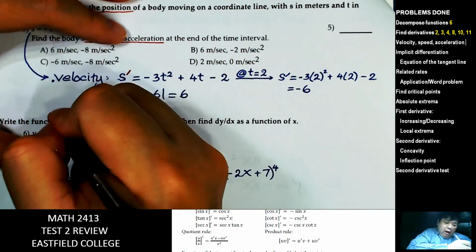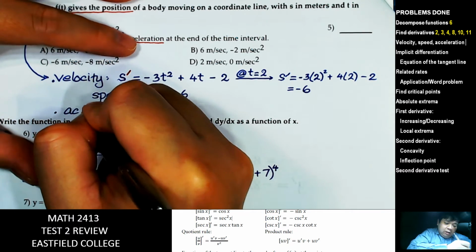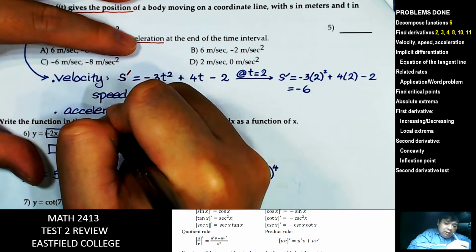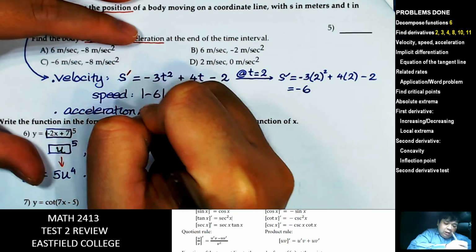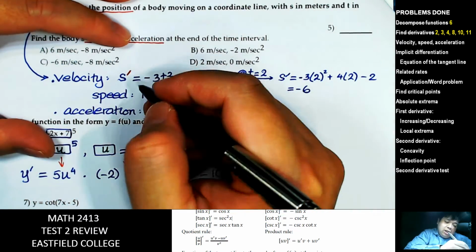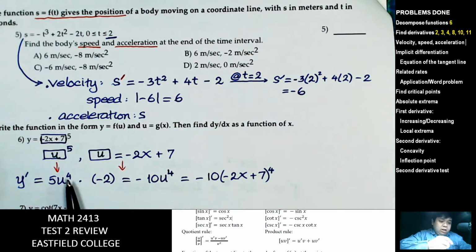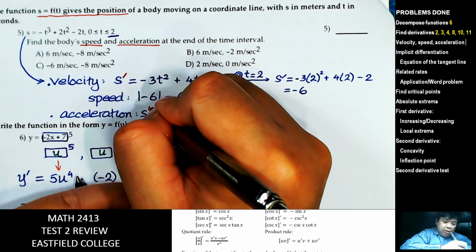Right. Now we find the acceleration. We take the second derivative. Acceleration is the second derivative.